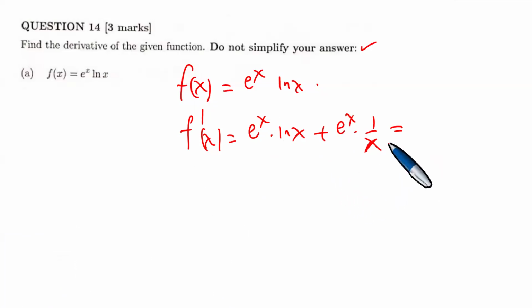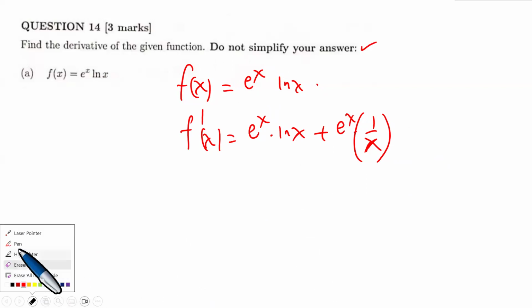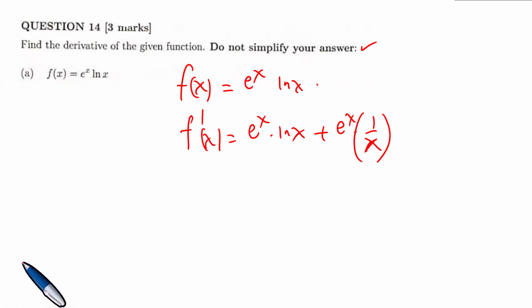And this obviously becomes the answer. But do not simplify your answer, so you can leave your answer in this form. You can even put some parentheses around here, and therefore your answer is exactly that one. Any question?